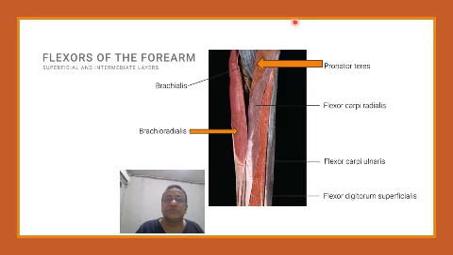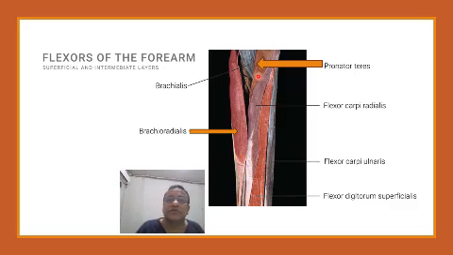As we know, you can appreciate it's originating from the medial epicondyle and it runs downwards up to the mid shaft of the radius.